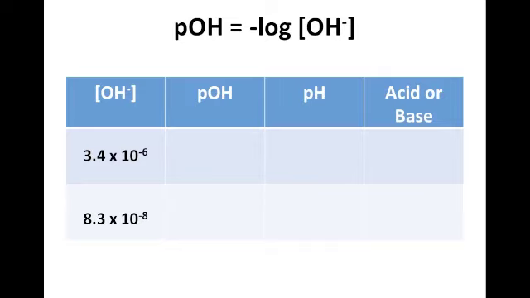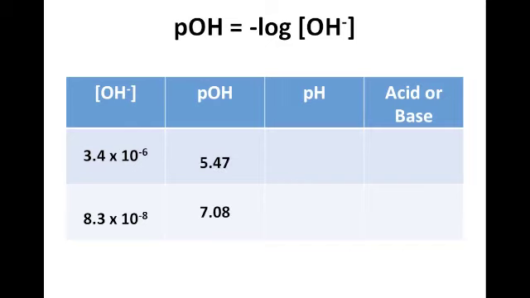Taking a look here, I give you the concentration of OH minus. From this you can get the pOH. From that you can get pH and then determine whether or not it's an acid or base. Again, using negative log of the concentration of OH minus, we can get the pOH. From pOH you can subtract that number from 14 to get pH, and from there you can get acid or base.